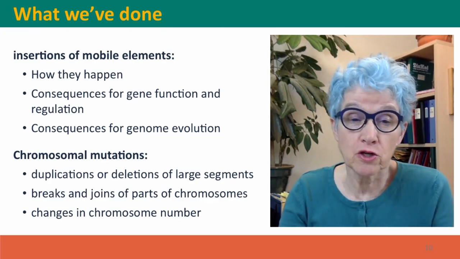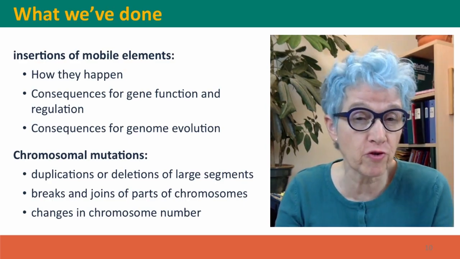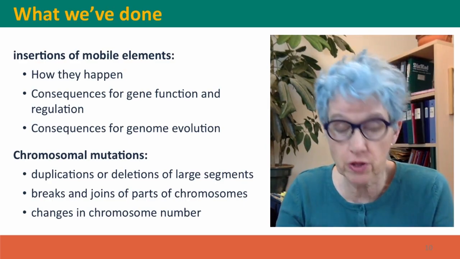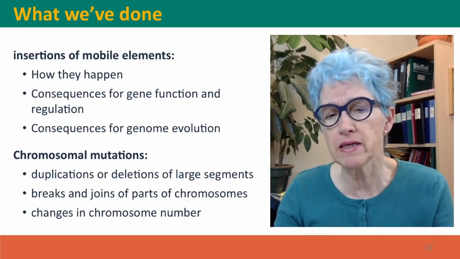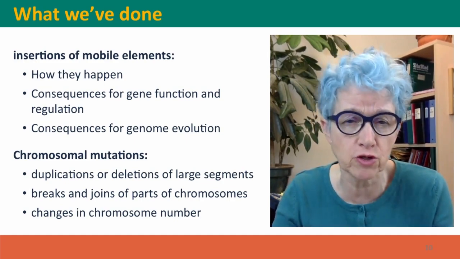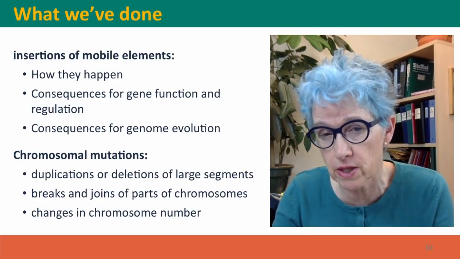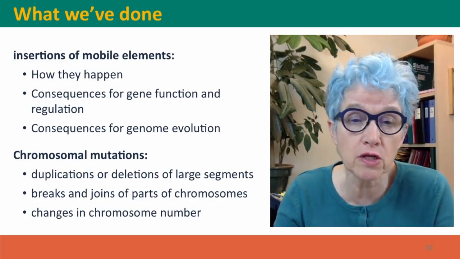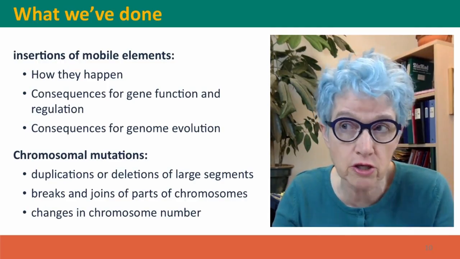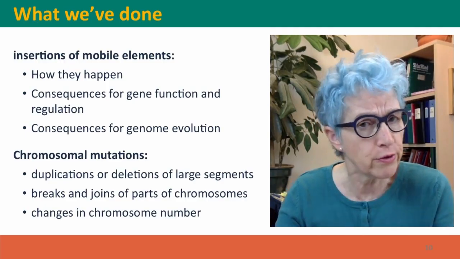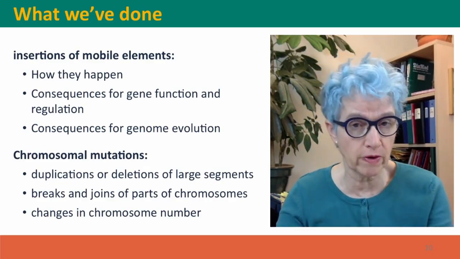So we've talked about 2 kinds of other ways that genomes can change apart from errors by DNA polymerase. We talked about insertions of mobile elements, which are a major factor in mutational change and in genome evolution. We talked about how they happen. They actively insert themselves into other DNA sequences. We talked about the consequences for gene function and for gene regulation, usually destroying gene function, but sometimes creating new kinds of gene regulation, and the consequences for genome evolution.